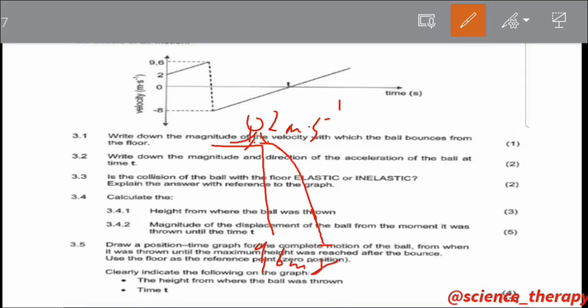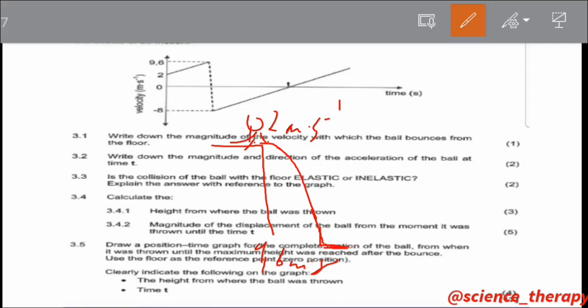But because this is an inelastic collision, the ball won't bounce off at the same velocity that it hit the ground. Now it bounces off with a velocity that is lower than what it hit the ground with.